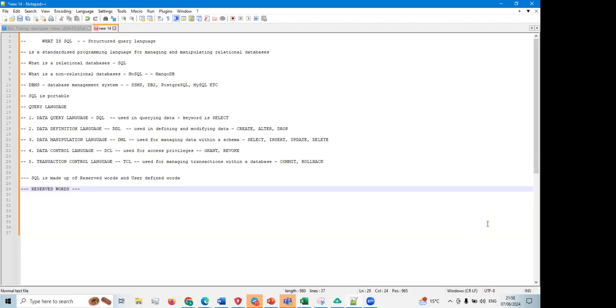Right? So reserved words are words that are fixed. They are a fixed part of the SQL language.